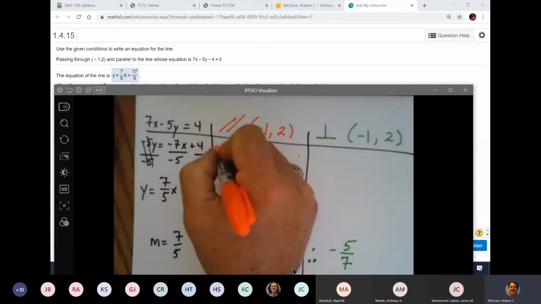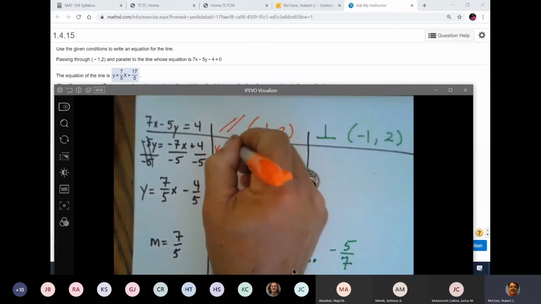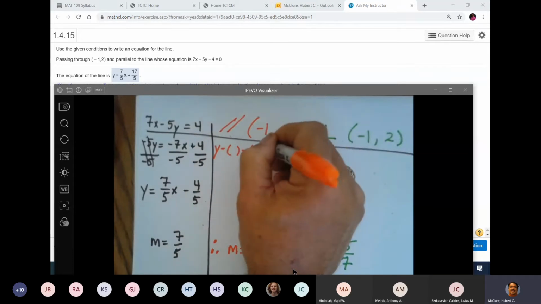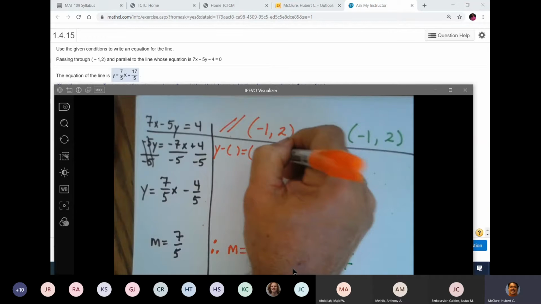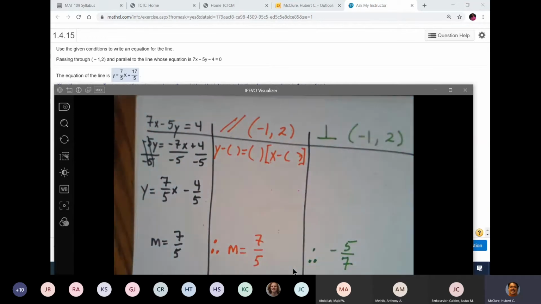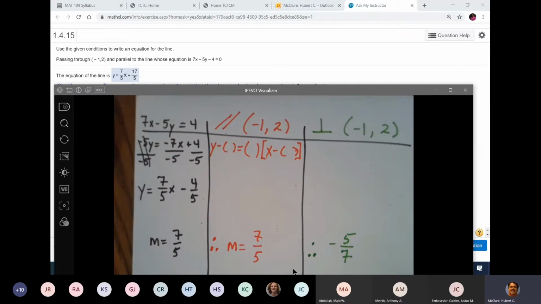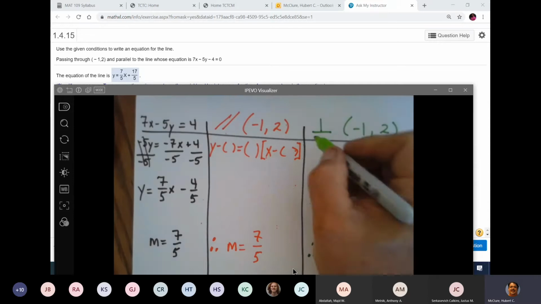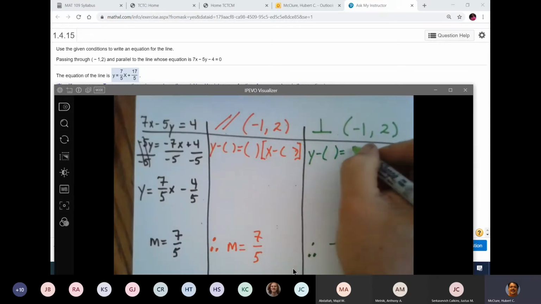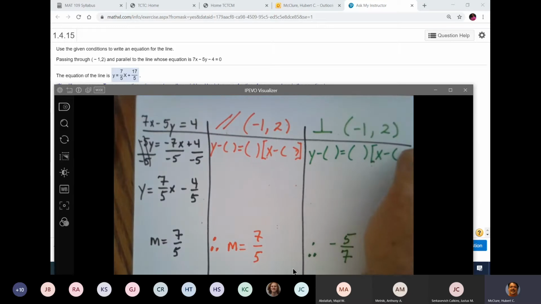Y minus blank equals blank times x minus blank.